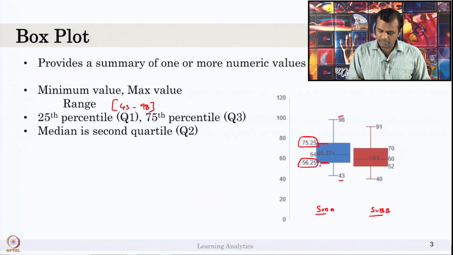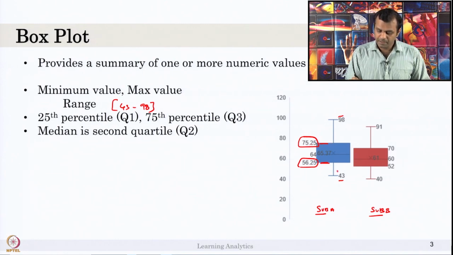The percentile indicates that 25% of values in this performance will be below this particular value. That is, we have 60 students, 15 students who have got marks less than 56.25 and there are 15 students who have got marks more than 75.25, that is a good thing.